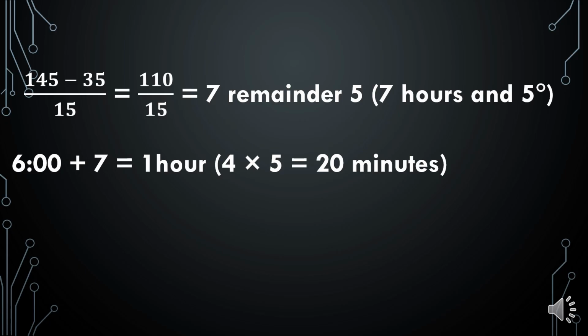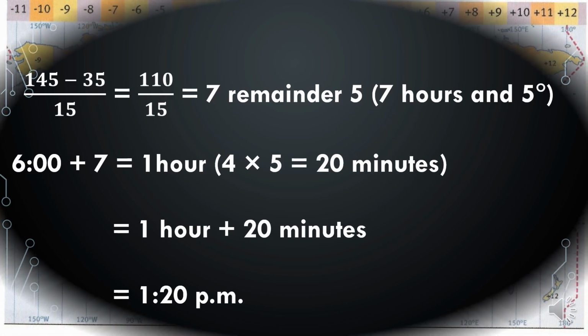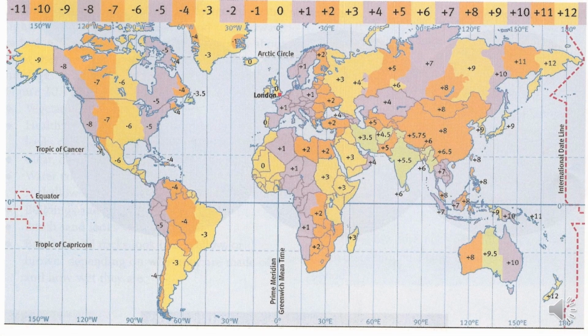Therefore, we're left with 20 minutes added to 1 hour, and we have the time 1:20 p.m. So here we have both places, 35 degrees east and 145 degrees east. Because 145 degrees east is located east of 35 degrees east, we are going to add in order to get our time, since time is gained going eastwards.